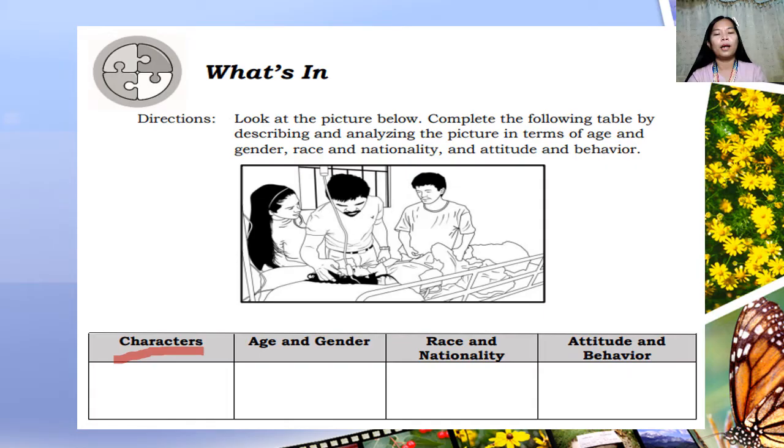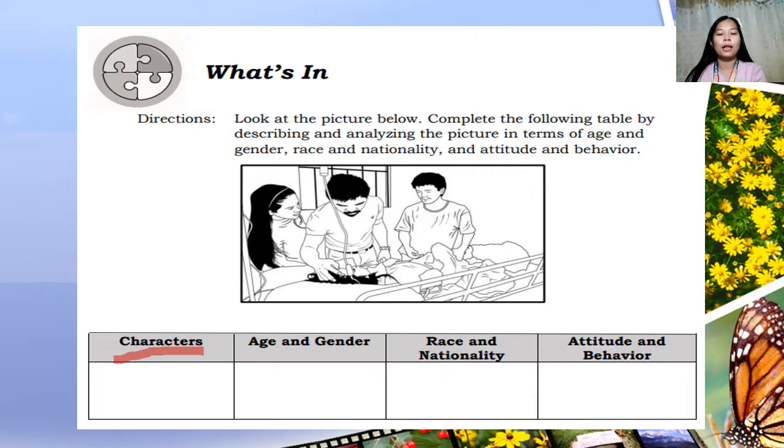But if you're not sure of the name of the person, you can give the generic name. For example, a father, mother, or a child, or a girl, or a teacher, grandmother, president. So that's what character is all about.